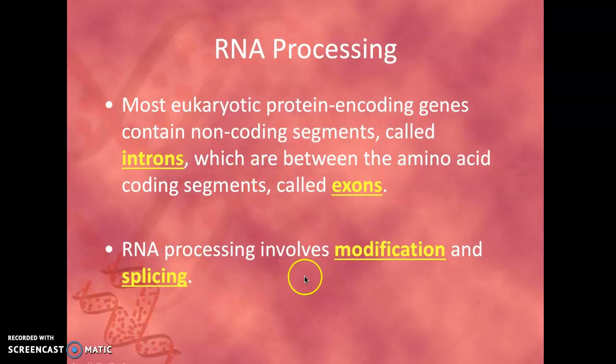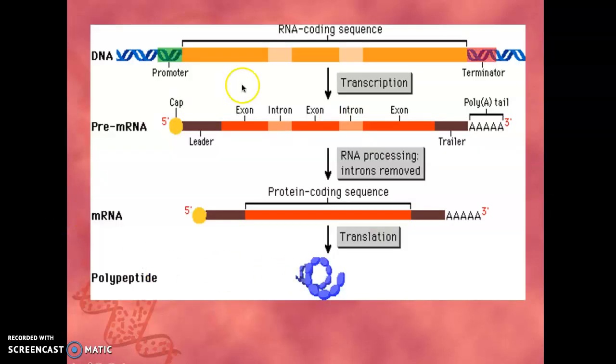There are two things that happen in RNA processing: modification and splicing. So here's our picture. You've got your promoter, the coding sequence, and the terminator. In transcription, you get pre-mRNA. The first thing that's going to happen is a 5' cap is added at the beginning, and a poly A tail, a bunch of adenines, is added at the end.